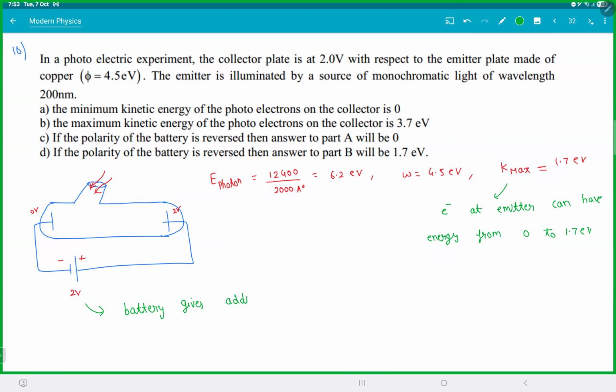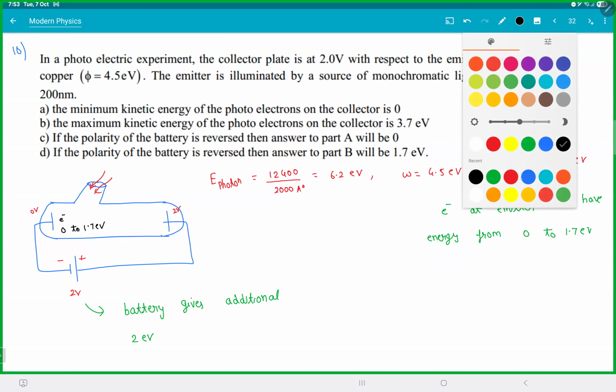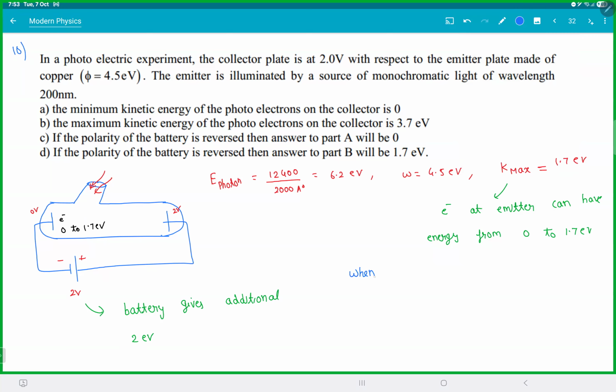That means the electrons which came out here have energy from 0 to 1.7 eV, and by the time they reach the collector, all of them have gained 2 eV. So when electrons reach the collector, they have energy ranging from 2 eV to 3.7 eV. Are you getting it? Everyone doesn't have 3.7.